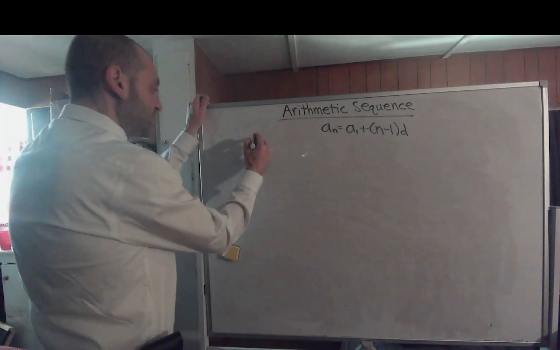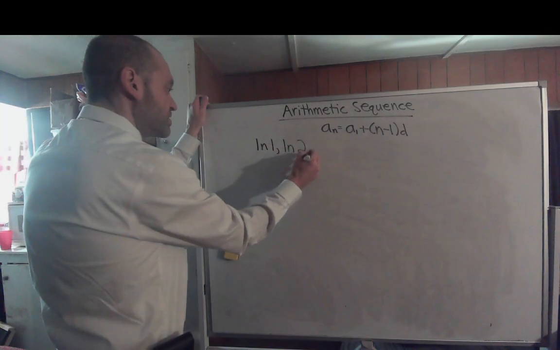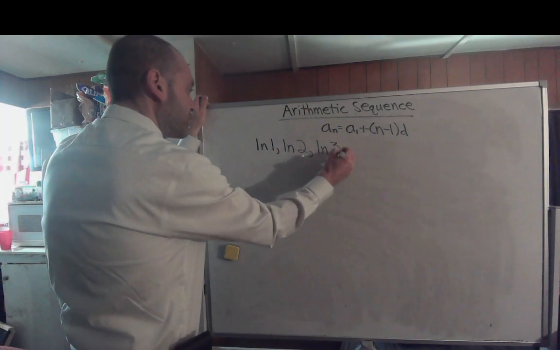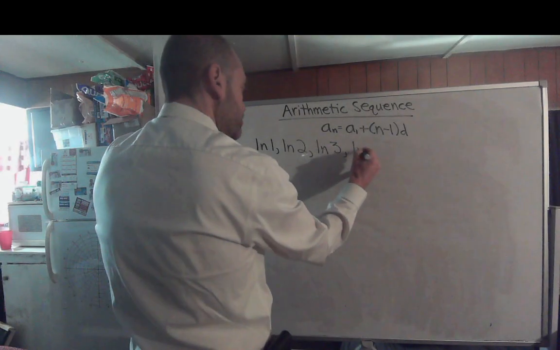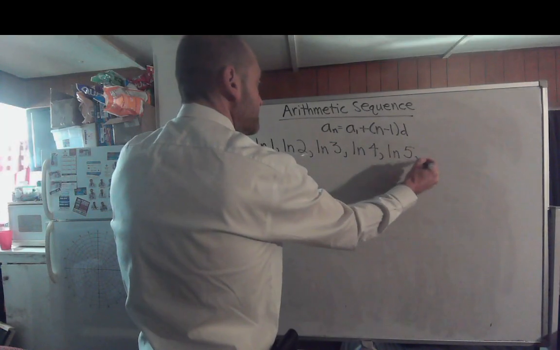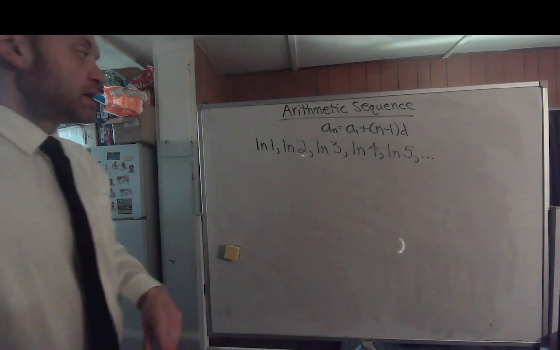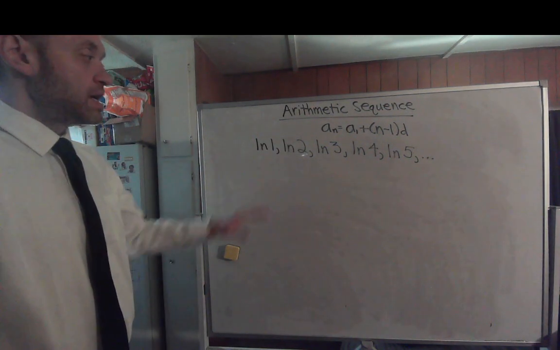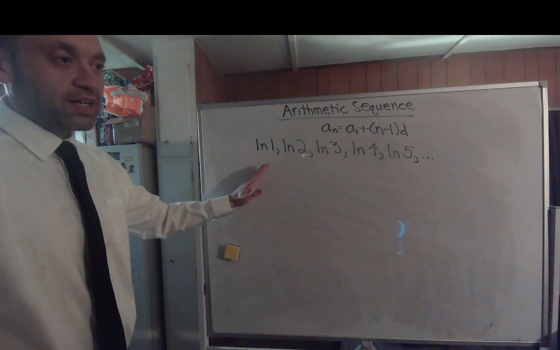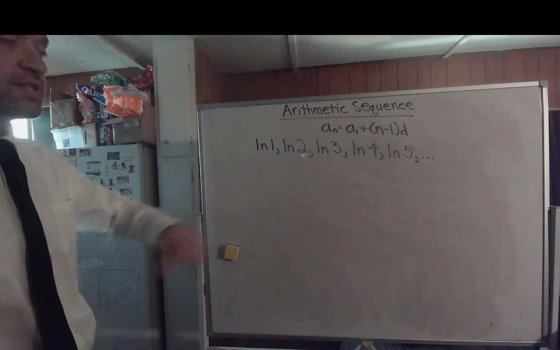Now let's throw a couple of these at you. What if I had something like the natural log of 1, natural log of 2, natural log of 3, natural log of 4, natural log of 5, and it just keeps on going and going and going? Well, you're not going to get a common difference between each of these.